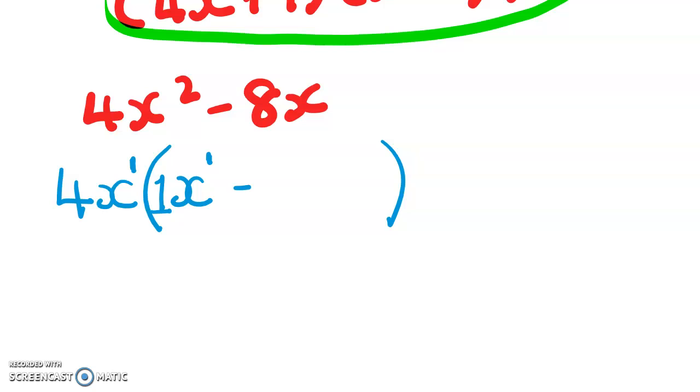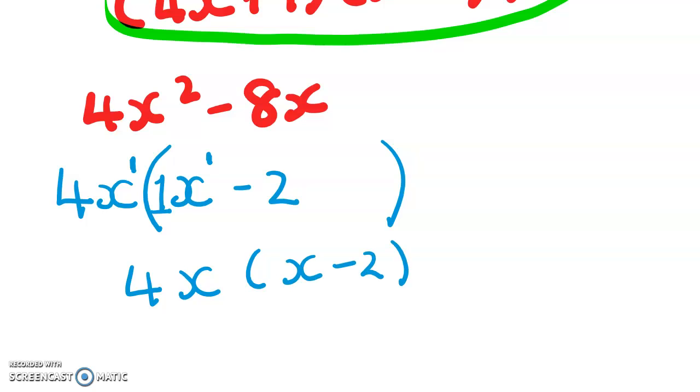Then 4 into 8 goes minus 2 times. I have an x outside the brackets, so there's no x left inside the brackets, because the only x inside for minus 8x has been taken out. So my answer here is 4x bracket x minus 2. That's factorising as well, where you're taking out the highest common factor to both.